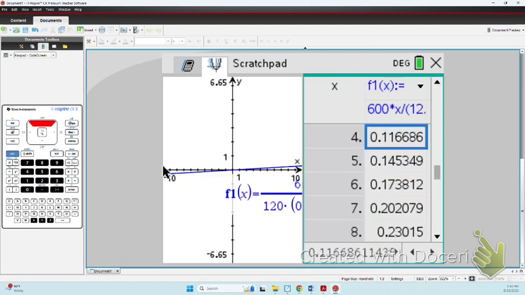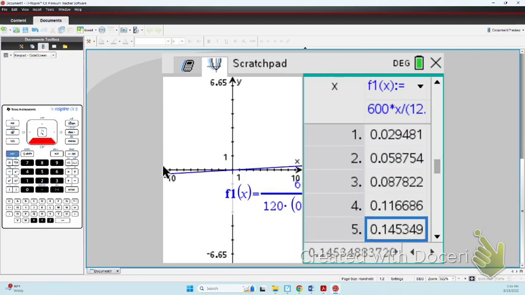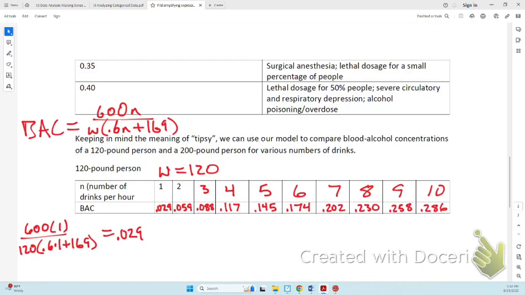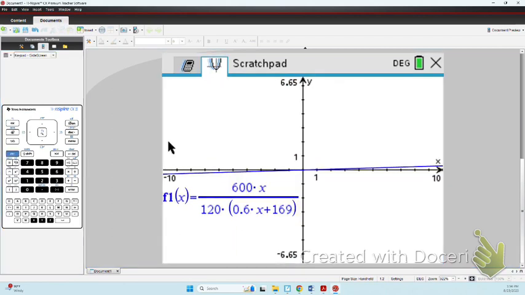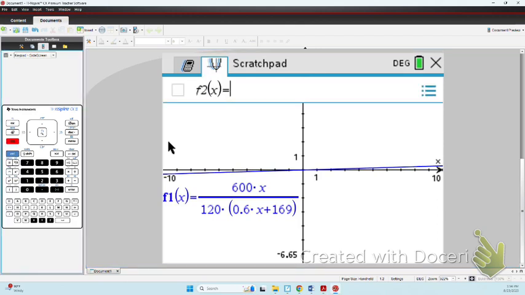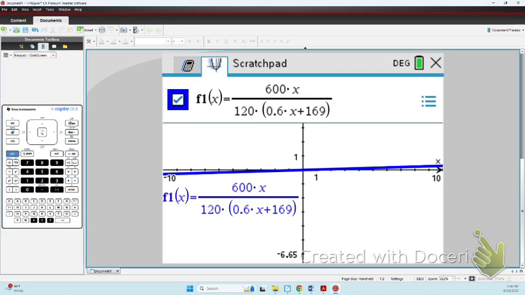There it all is. So I'm going to hit pause and fill it in. All right, there you go. I'm going to go to the calculator and press Control T and then edit what I typed, because if you scroll down in the document, there's another table down there for a 200-pound person.